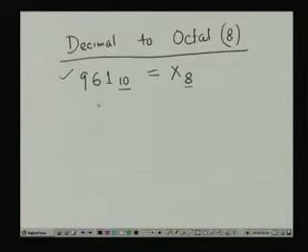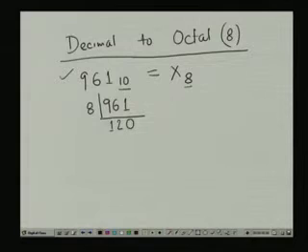That was division by the base. So, again I am taking that number 961, and dividing it by my base 8. The quotient is 120 and the remainder is 1. Again I do the division: quotient is 15, remainder is 0.